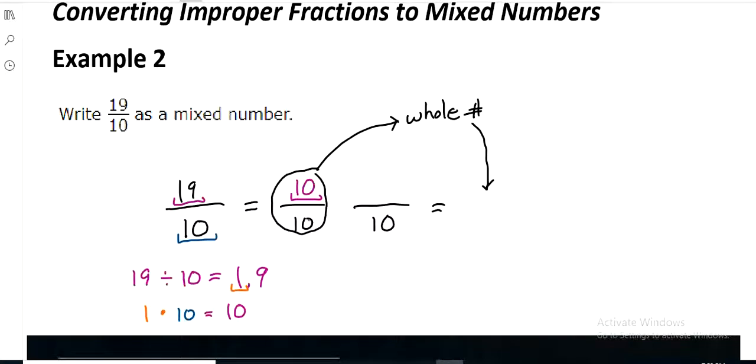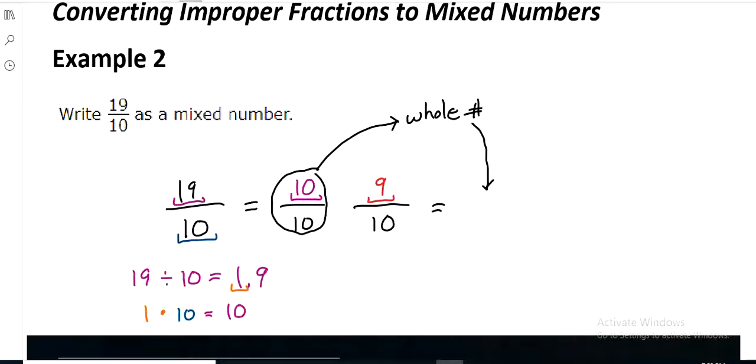So we have 10 over 10, but I started with 19 over 10. So I got to think, okay, what else do I have to add in here so that this 10 plus this value equals my original numerator. 10 plus 9 will give me my original numerator of 19.